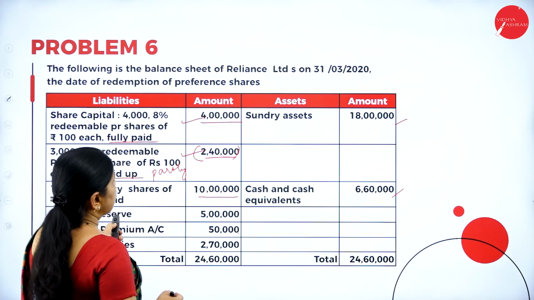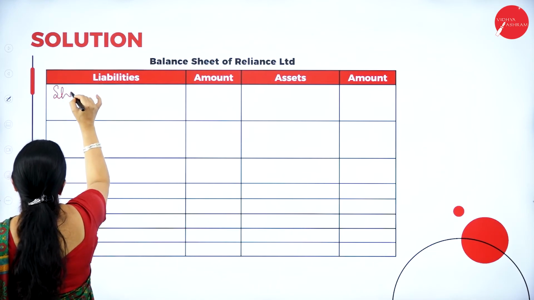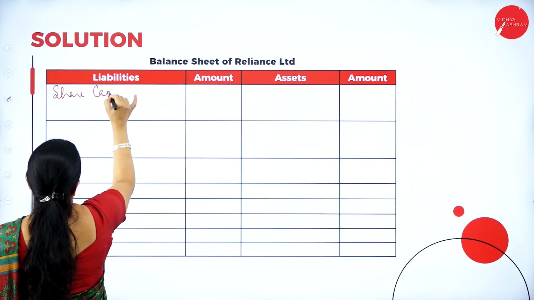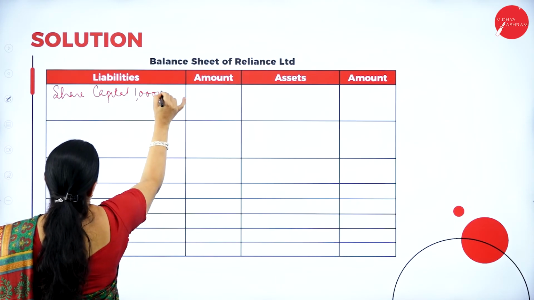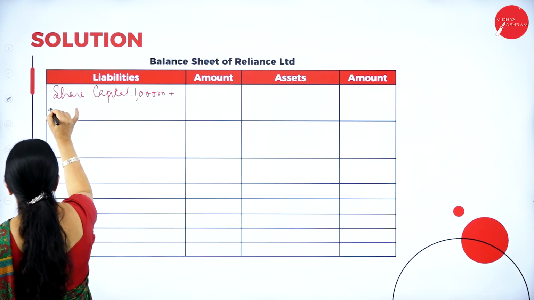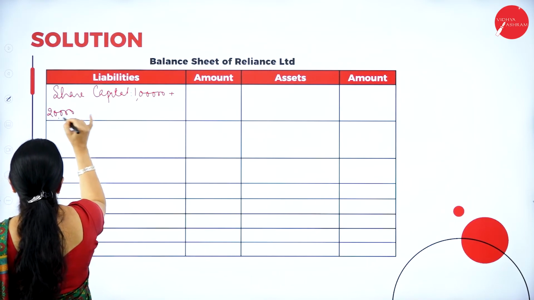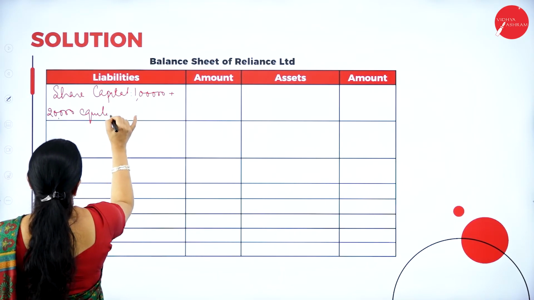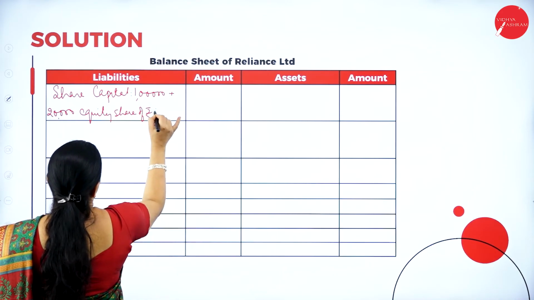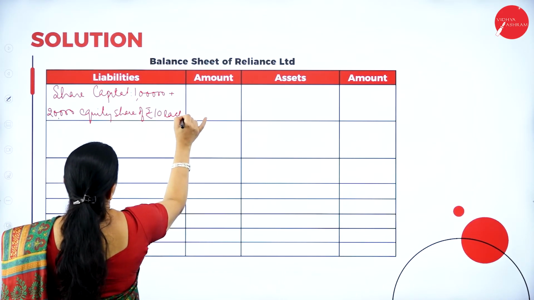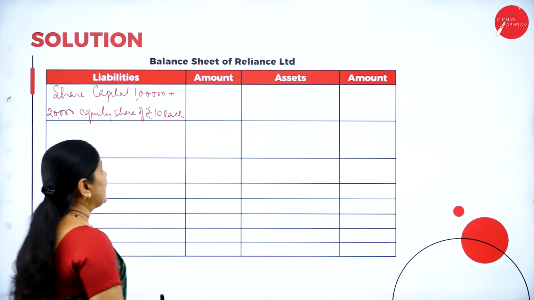So I will write share capital 1 lakh plus 20,000 equity shares of rupees 10 each, that will be equal to 12 lakhs.